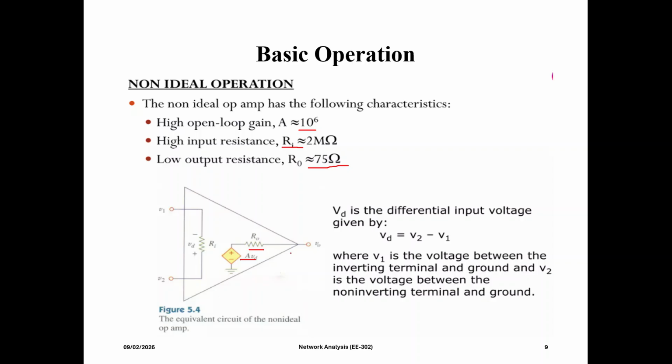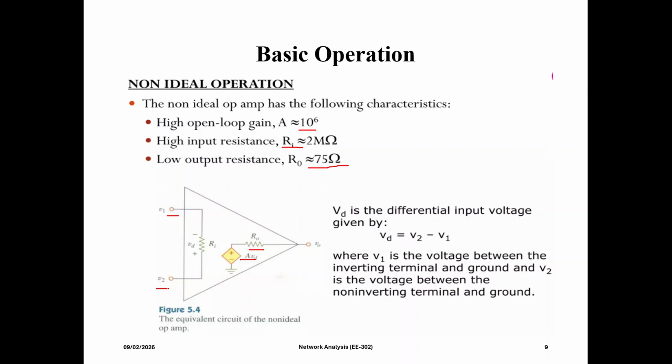Okay, so here the difference between these input voltages is given as VD. Here V1 is the voltage at the inverting terminal and V2 is the voltage at the non-inverting terminal.